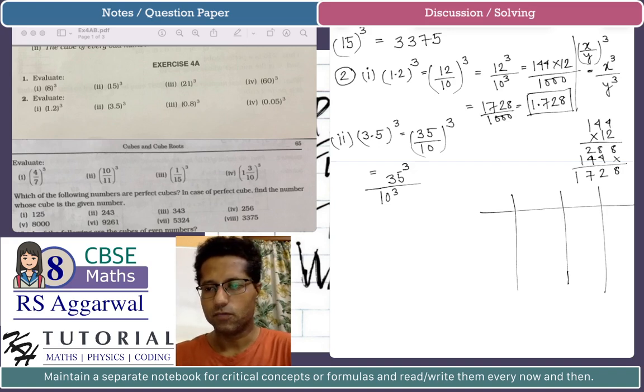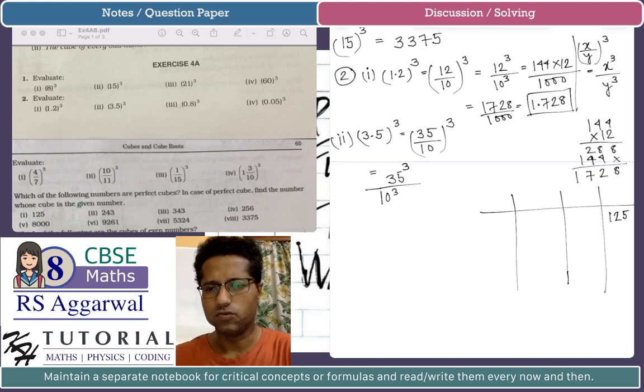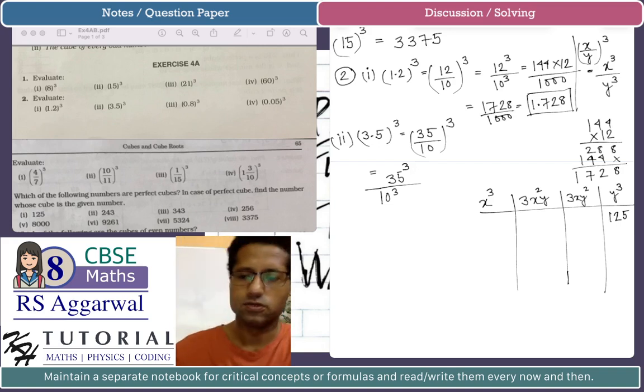So I know that over here it will be 5 cube, the digit at the units place is 5, so this will be 125. This will be 3xy square. You can write the names so that you can name this thing, but you have to be very quick so that you do not waste a lot of time in finding the cube of a number using the column method.